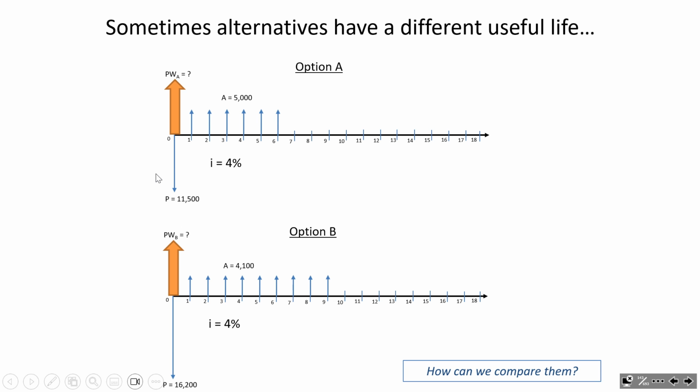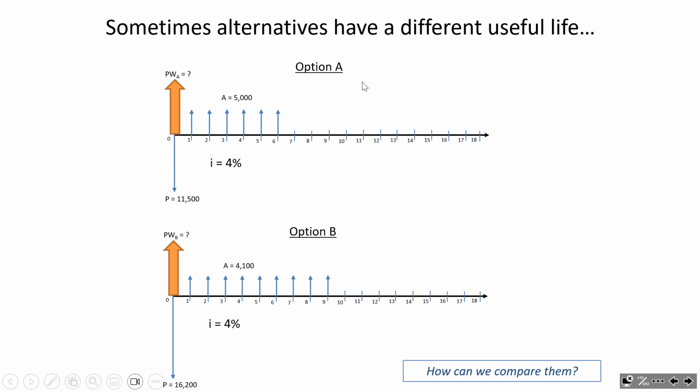Okay, so here's the problem though. Sometimes our two options will have a different time frame. Let's say that option A is to buy some equipment that costs $11,500. It's a cheap piece of equipment that is only going to last for 6 years. During each of those 6 years, we get profits of $5,000.